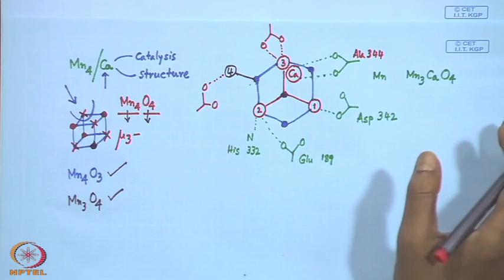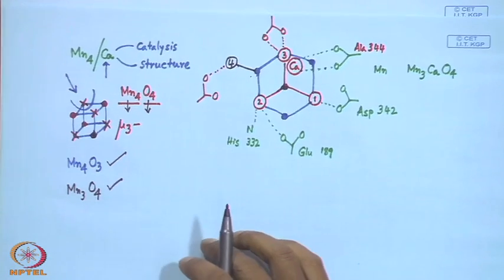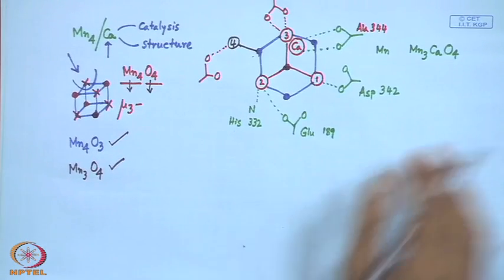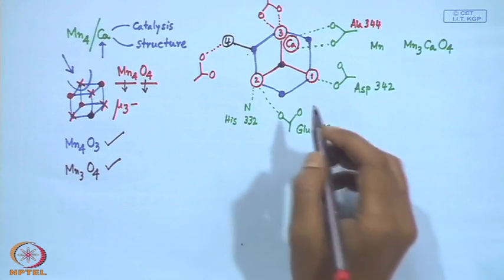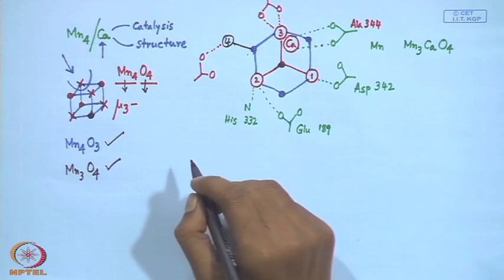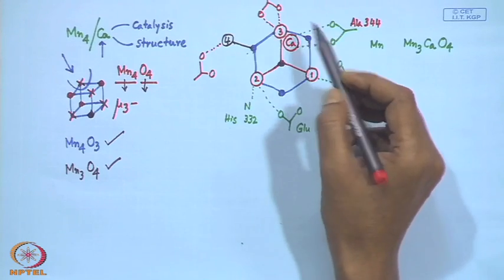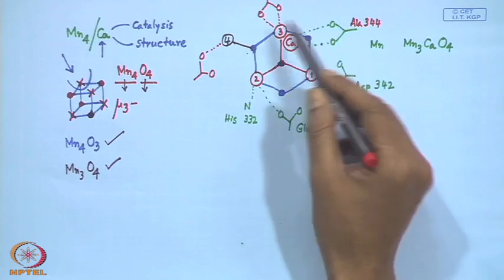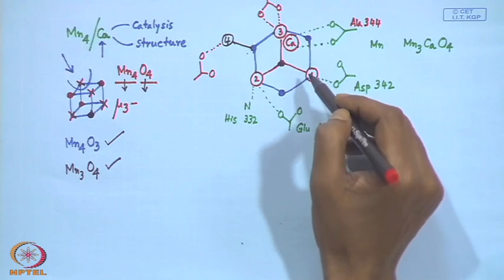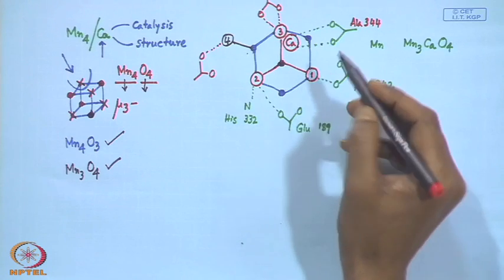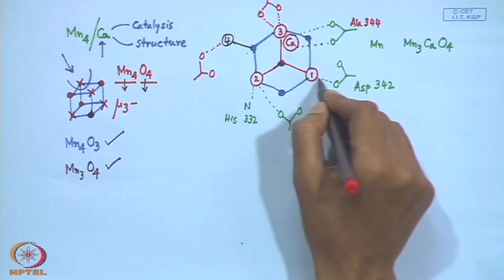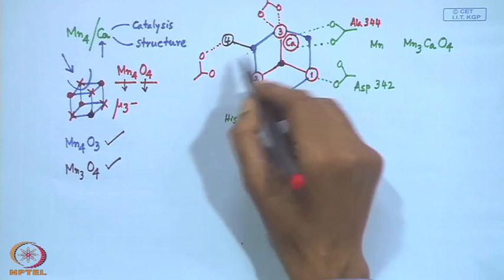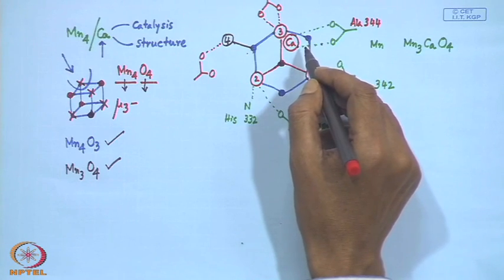So, this is the basic arrangement we have. During this transformation to the S4 state, electron transfer takes place one after another from the manganese; two of them are manganese in the trivalent state and two are in the tetravalent state.